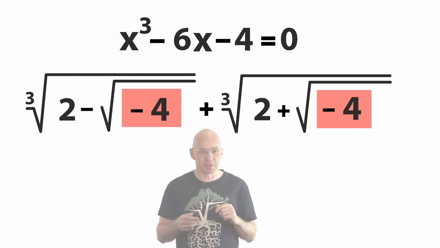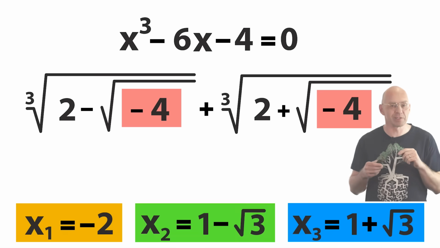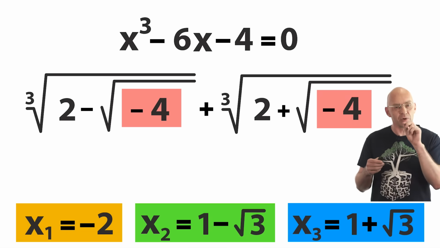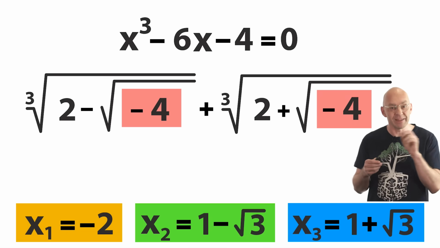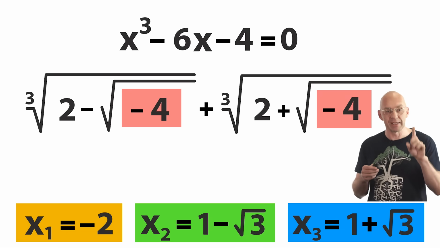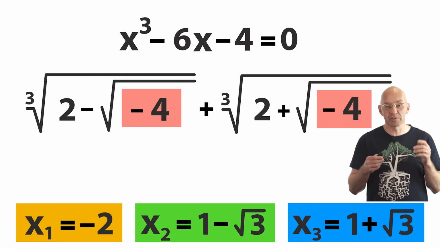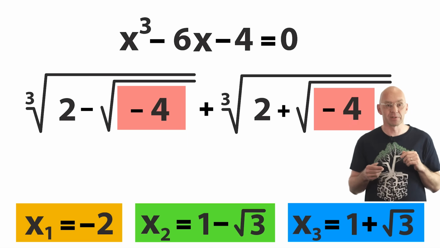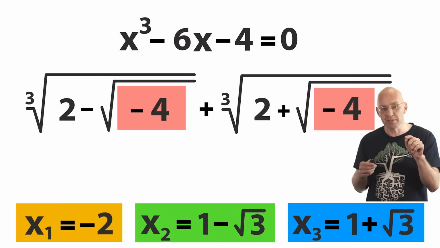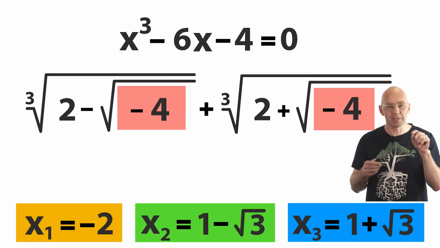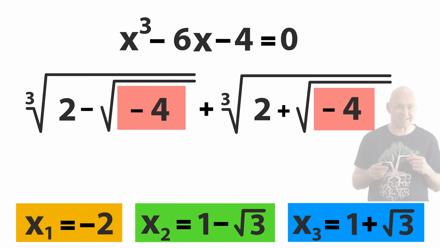Let me just show you those solutions. But now have a closer look at the expression spat out by our cubic formula. Not only does this expression not look anything like those 3 solutions, in addition, it contains square roots of negative numbers. This means that even though our 3 solutions are real numbers, our formula expresses these solutions in terms of complex numbers. How crazy weird is that?